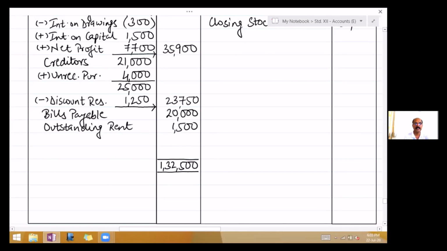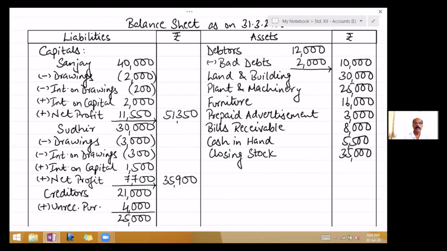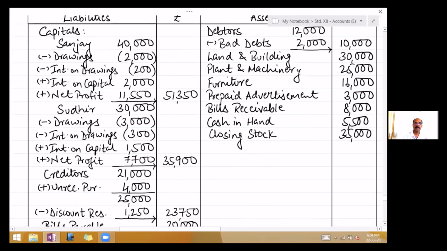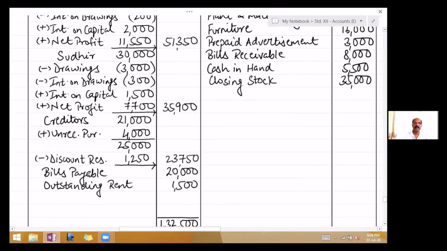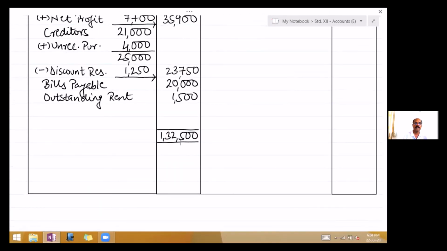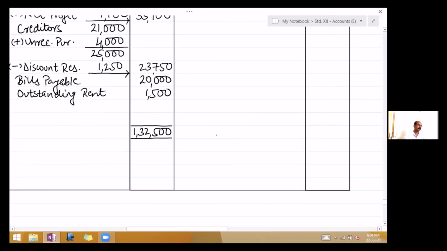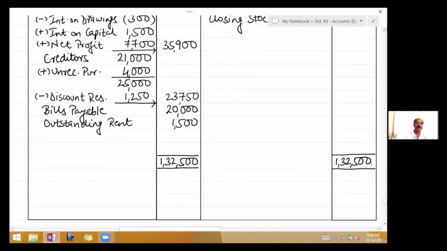And on the asset side, 10 plus 30 is 40, plus 25, 65, plus 16, 81, plus 3,000 plus 8,000 plus 5,500 plus 35,000. Does it come to 132,500? Yes, sir. Okay. 132,500. So students, we have completed both the problems in less than an hour, and that should be our target.